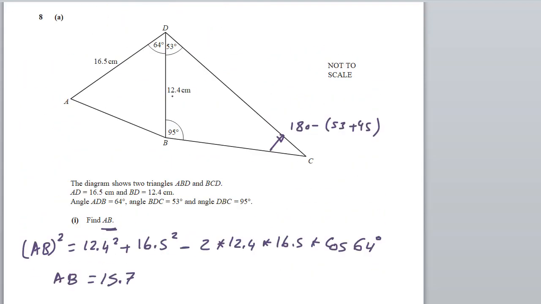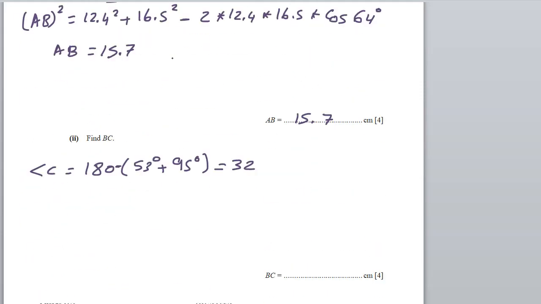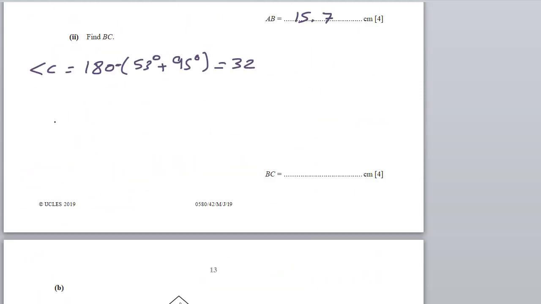So from sine rules, 12.4 divided by sine 32, this is now 32, is equal to BC divided by sine 53. So BC divided by sine 53 is equal to 12.4 divided by sine 32.